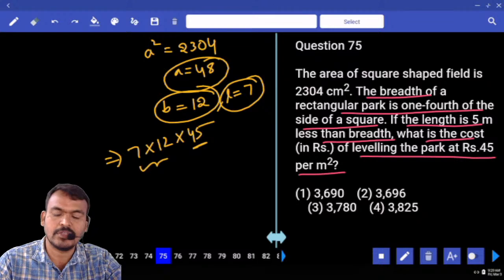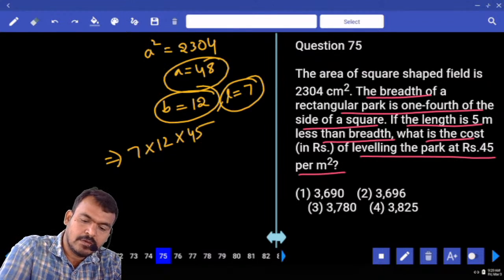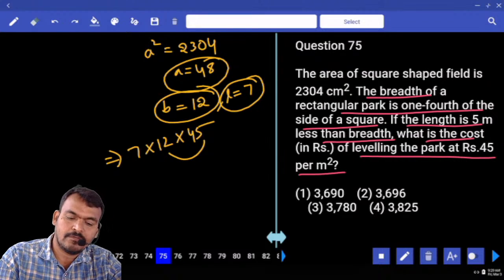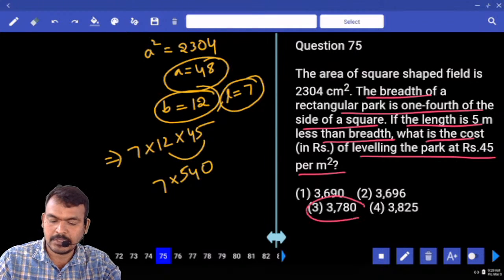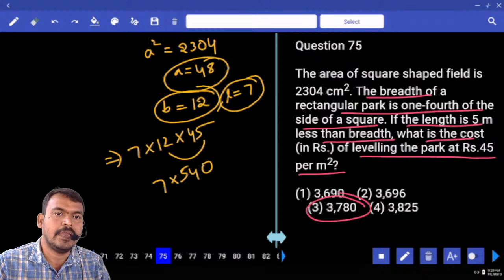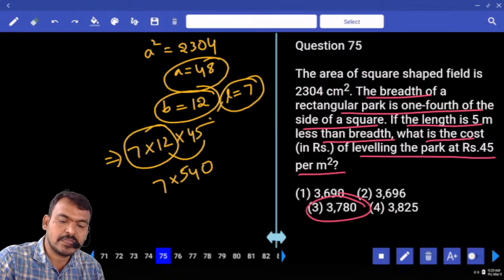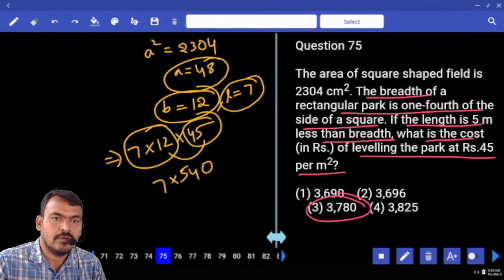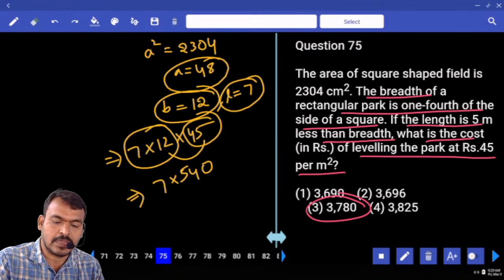Per meter square how many rupees? 45 or not? 45 into 12 how much? 540, no? 540 into which one? 7. Ends with 80 or not? Ends with 80. Only the area is how much? 7 into 12. Per meter square value 45. We get the total cost or not? 7 into which one? 540. Ends with 80. Which option?